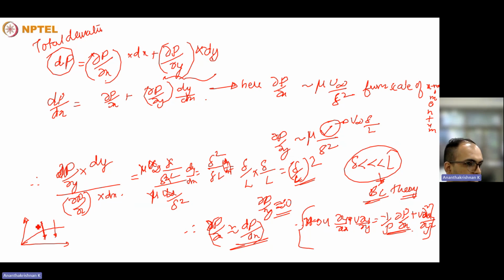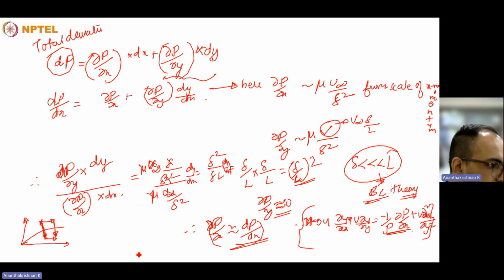And since the external flow will be at a constant pressure in this vertical direction, we can assume that ∂P/∂X, the pressure difference within the flow in the X direction, will be the same as the pressure difference in the flow direction outside the stream as well.